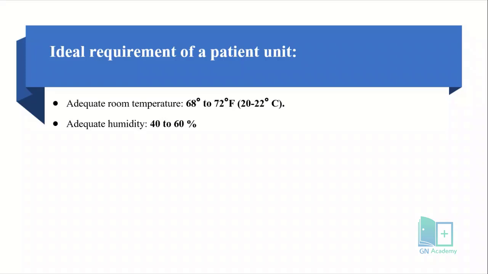So proper humidity is very important to stabilize the internal core temperature. The adequate humidity to maintain in the patient unit, ward, or client room is 40 to 60%.